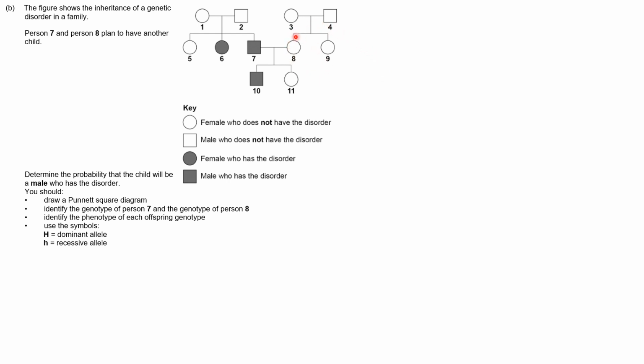And person 8 over here, well, they don't suffer with the condition, and their siblings do, their parents don't, but as they have an offspring who has this condition, and we know it's recessive, they must also have this recessive allele, be a carrier for this genetic condition.